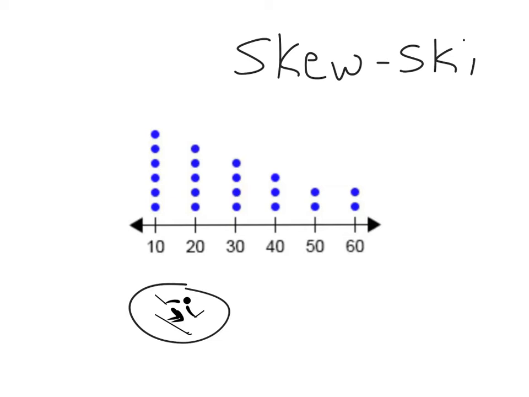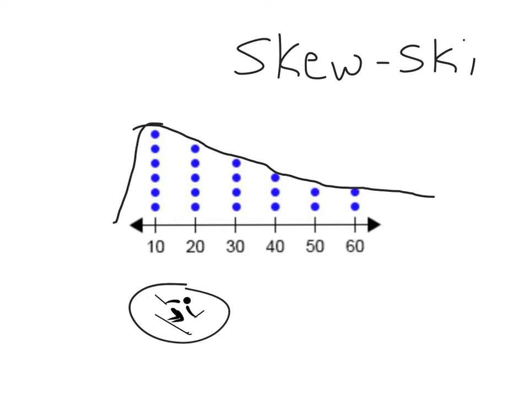We're going to draw a line that covers the whole top of all the dots from left to right. I'm going to start right here at the highest point, the mode, which is 10. You should know that from last time. I'm going to draw a line that goes over the top and traces the way these dots go. And if I go to the left, it goes straight down.